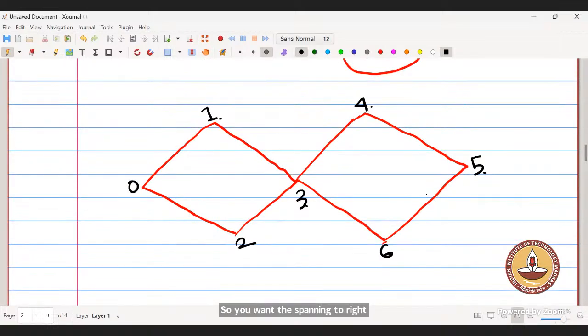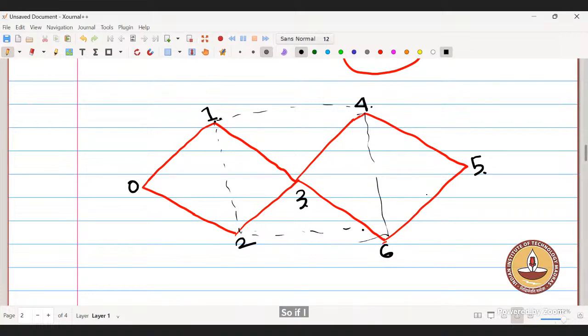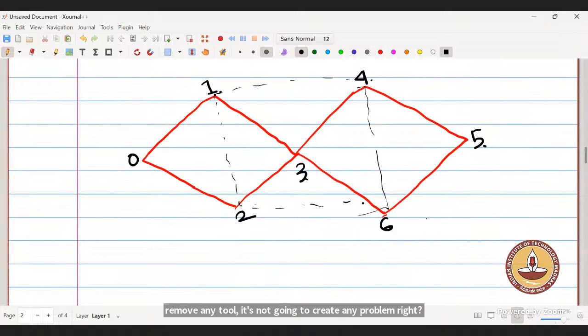Here you just concentrate on this part. I have 4 edges here, right? If I remove any 2, it's not going to create any problem, right?